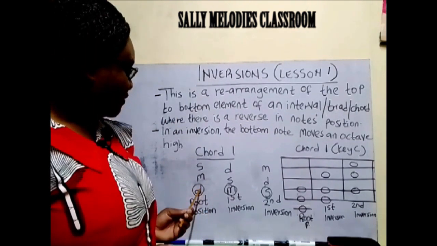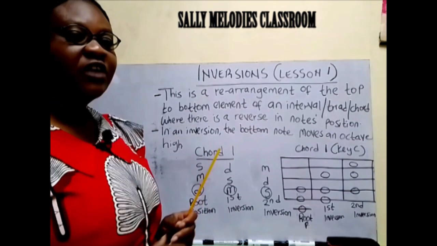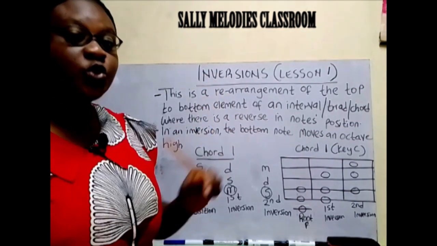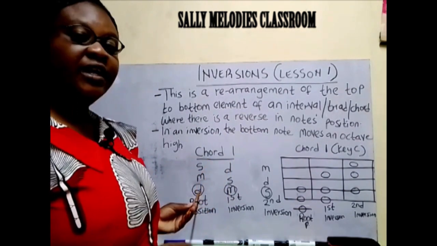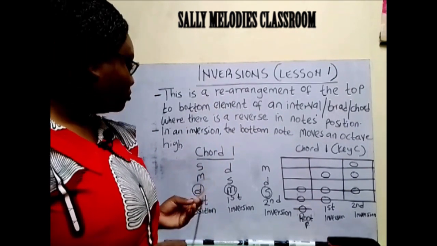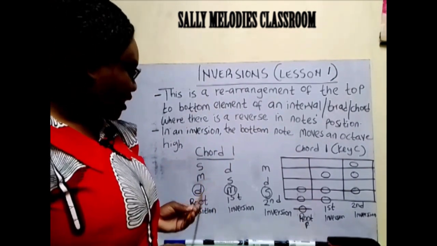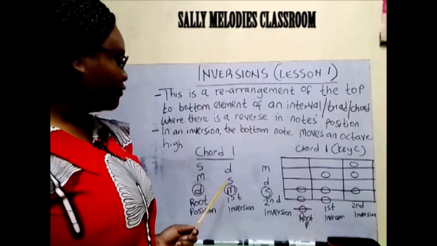We have do, we have mi, we have so. This is root position, what we have been learning, what we have been using in our harmonies. We have been giving the bottom voice the do. But now here, we have the first inversion. Actually, we have 2 inversions.